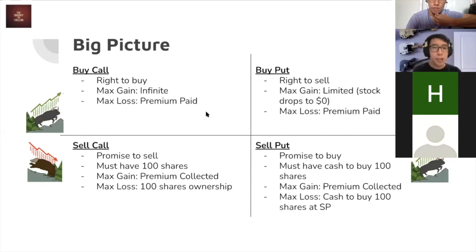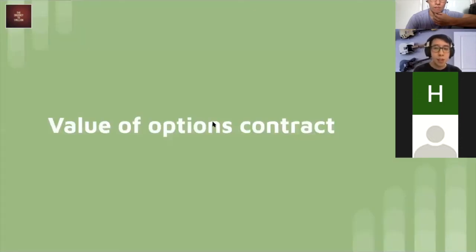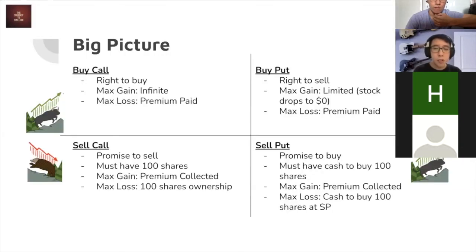I have also covered, in the scenario where you are looking for the stock price to go up or down, which one is the correct way to execute an options contract. And also what the upside and the downside are for each scenario.